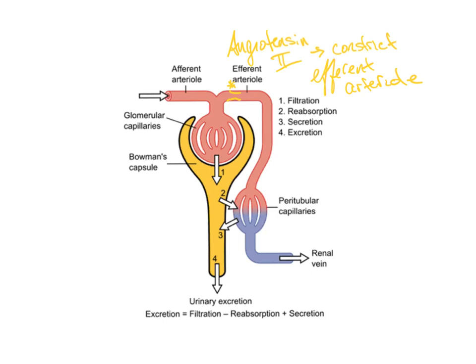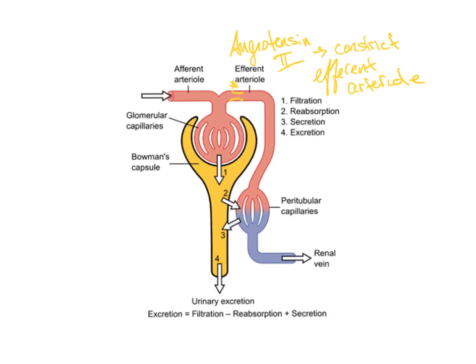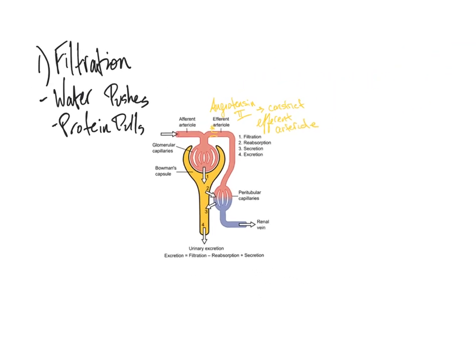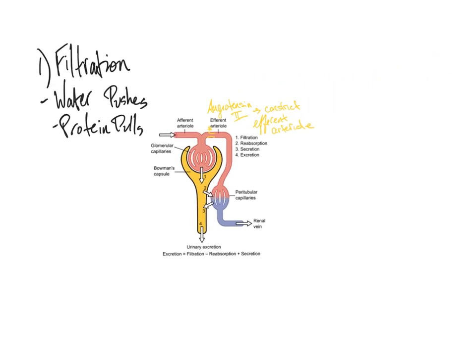Within Bowman's capsule, we want to think filtration. We should think of filtration at this capillary just like we did during the cardiovascular system. Think back to the lecture that I gave. The same rules apply. Water or hydrostatic pressure pushes, protein or oncotic forces pull water.